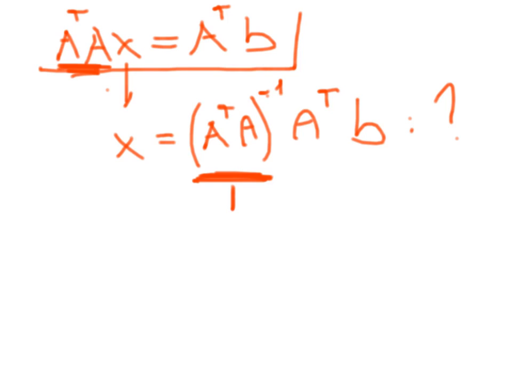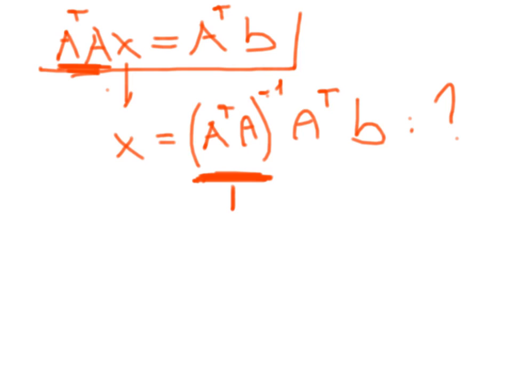And this is very important. So, to have a unique solution, you have to be able to invert this. And what does that mean in the real world? Well, sort of real world. That means that the matrix A must have linearly independent column vectors.